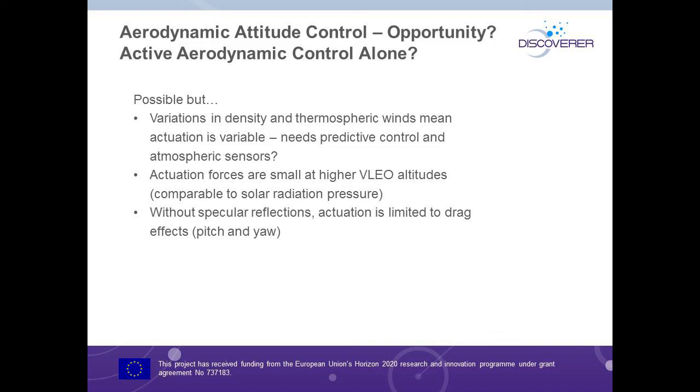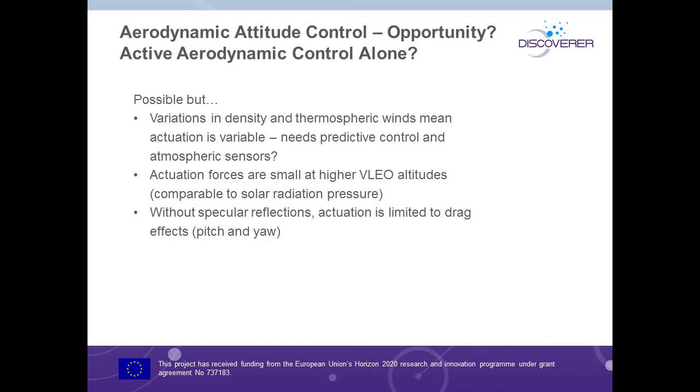So you either need some really clever predictive control system, which is trying to guess what's going to be coming up, or you end up with an atmospheric sensor, like you have to put the INMS, so you're measuring that flow onto the satellite and the density in real time to know what control actuation you're actually going to get from the system. So again, extra complexity, but maybe that's possible.